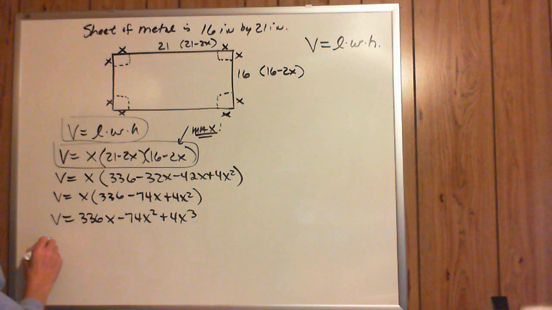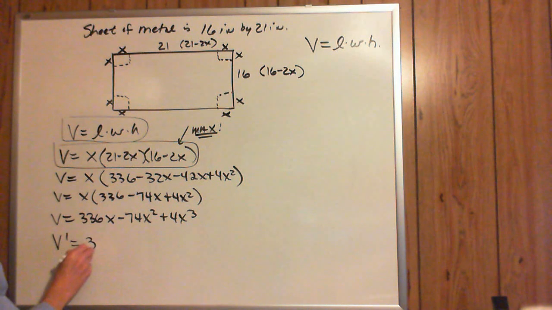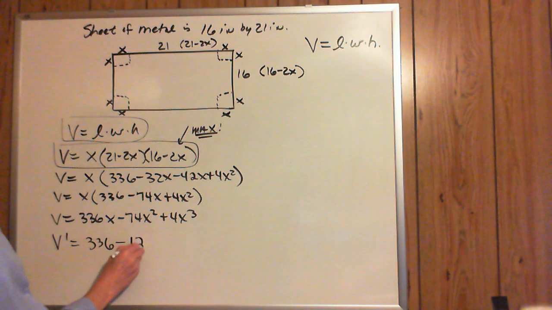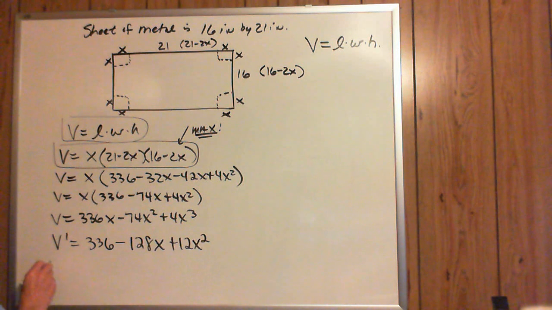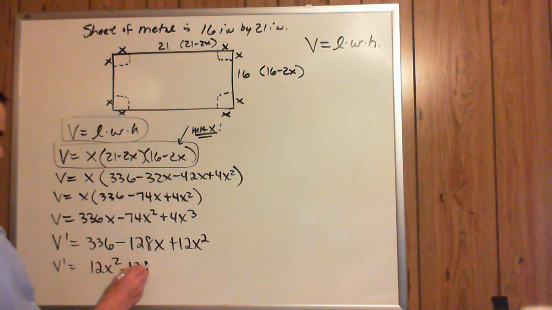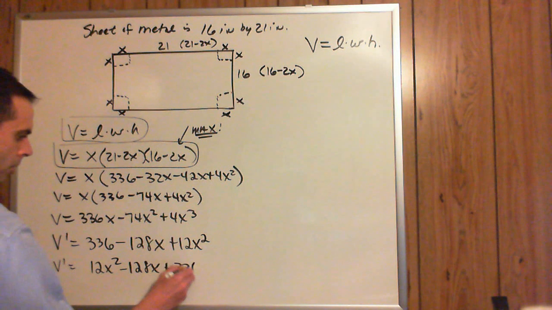Now we'll take the derivative. That V prime is equal to 336 minus 148x plus 12x squared. So V prime is equal to 12x squared minus 148x plus 336.